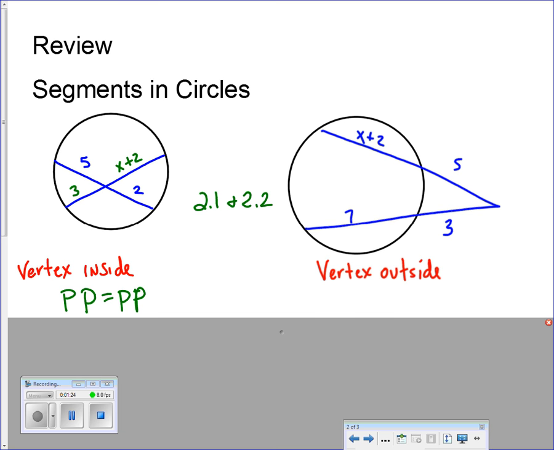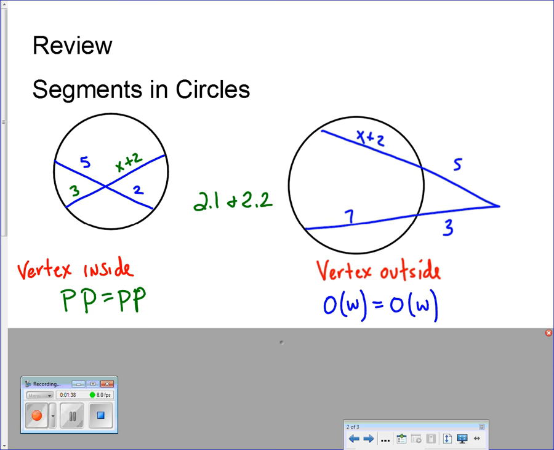If you do, that's a reality of confidence, okay? So we have vertex on the outside. This particular problem has a relationship that forms between the four segments, and it looks like this. Outside times whole equals outside times whole. If you need more information or a review of that, you should go back and look at the video for 2.1, 2.2.